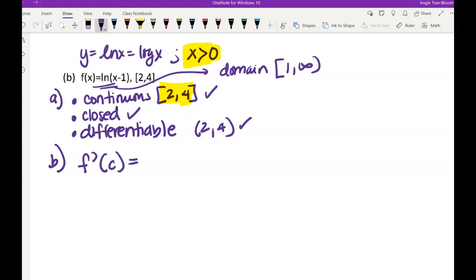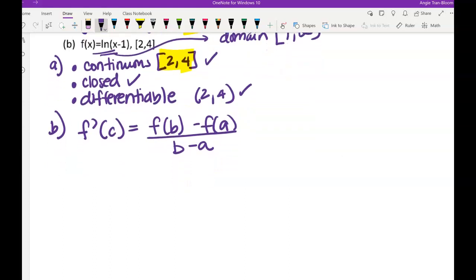So f prime of that C value will be parallel, aka the same as f of B minus f of A, all divided by B minus A. Okay, so let's plug it in. Here we go. First we are going to do the derivative of the natural log. So f prime of x. Your B value is 4, A value is 2, all over 4 minus 2.